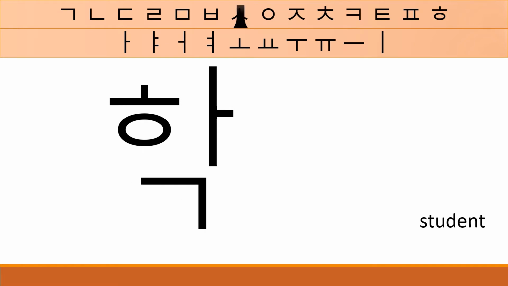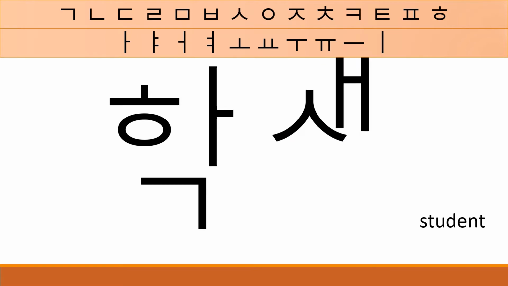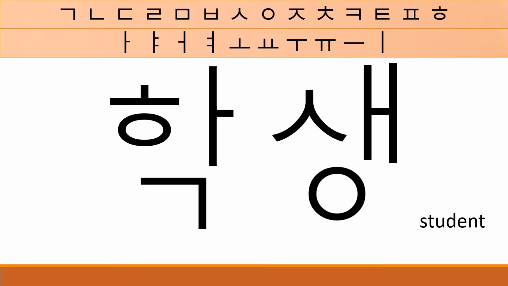And 생 is 스 plus 에 and ng underneath, 생. This one again, because a final consonant is followed by another consonant, you naturally make a tense sound. So 학생, that's okay. You don't have to make it like that. 학생, that's natural.